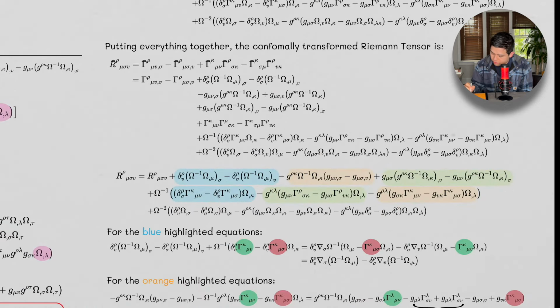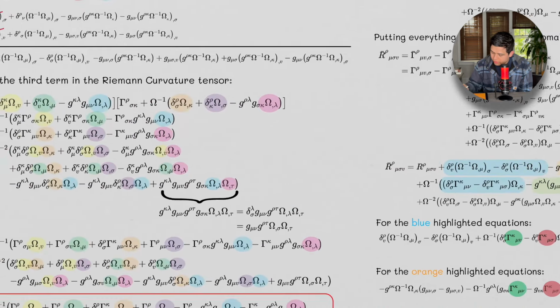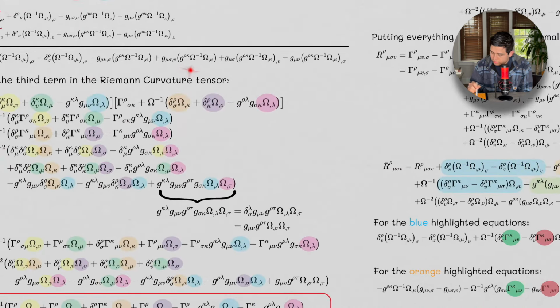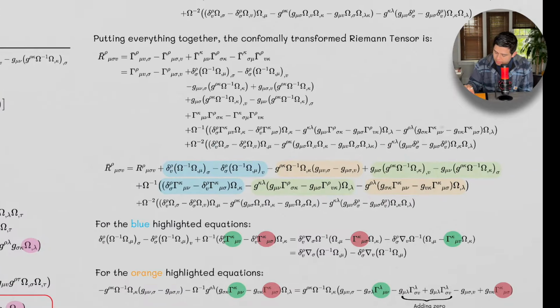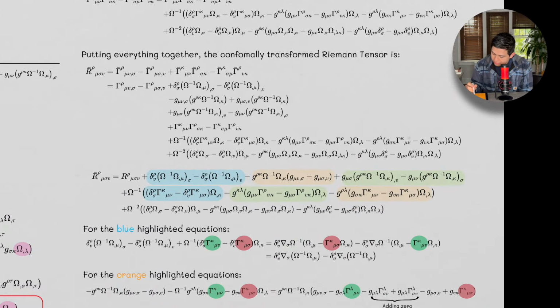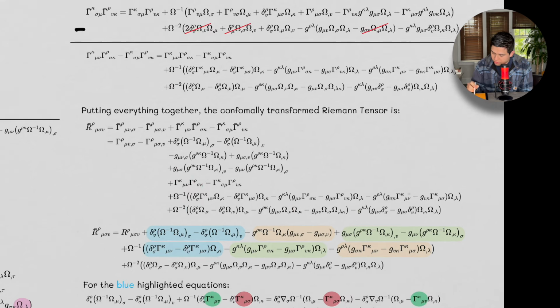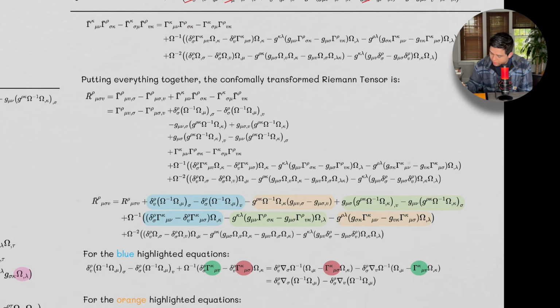Inverse transformation, that's all of these guys up in here. And then we have the difference between these two terms, which is right here. These are the unconformally transformed ones, which is what we're seeing right here. And then all the other terms are right in here. That's a lot.